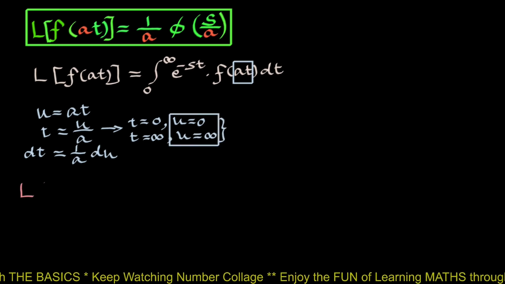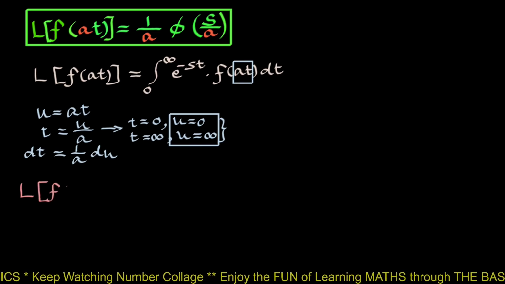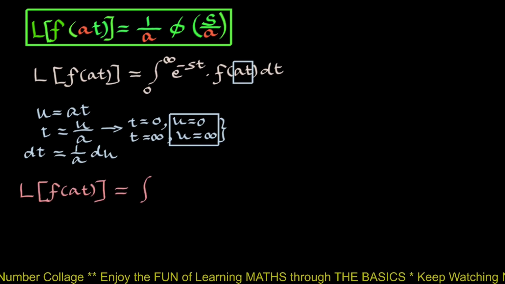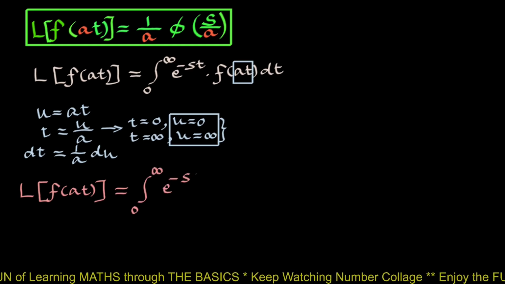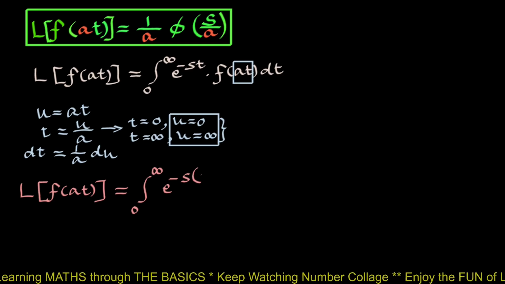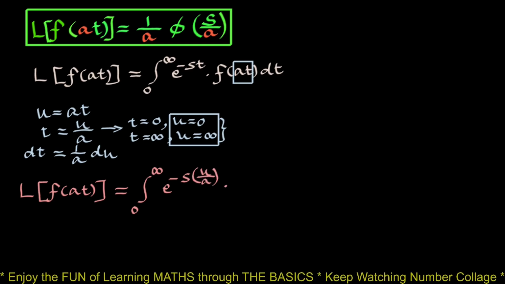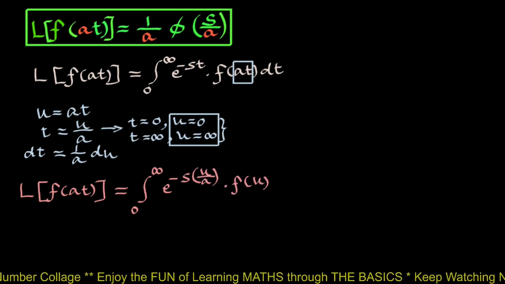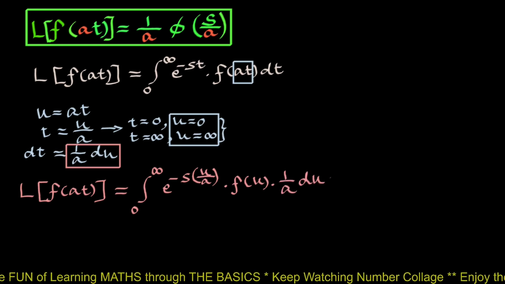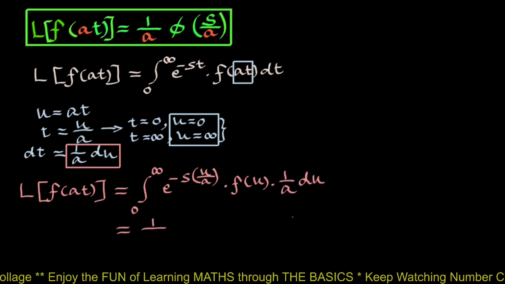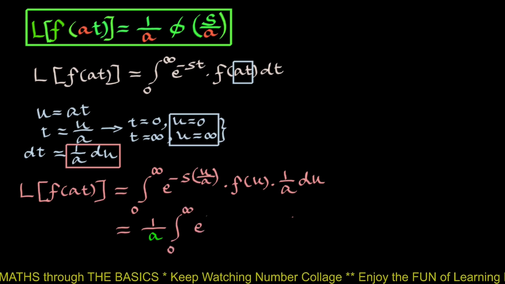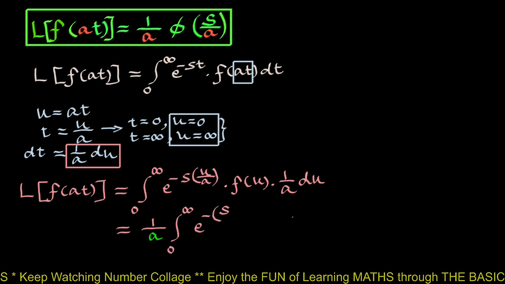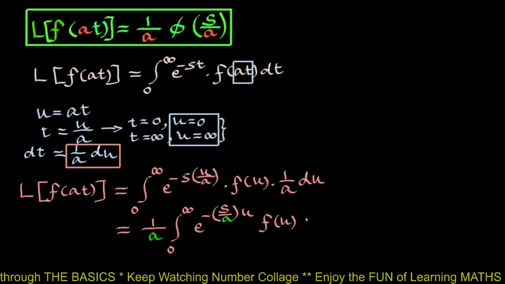So Laplace transform of f(at) will be definite integral from 0 to infinity e raised to minus s into u upon a into f(u) into 1 upon a du, which is 1 upon a integral from 0 to infinity e raised to minus s upon a into u f(u) du.